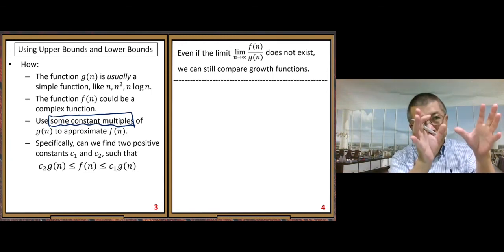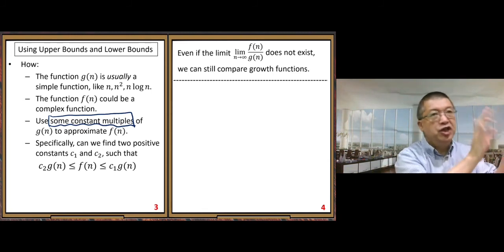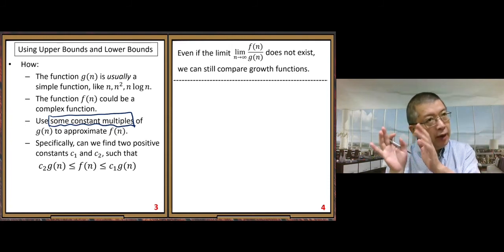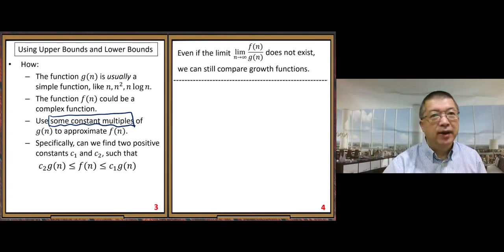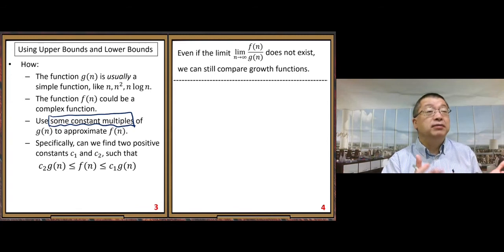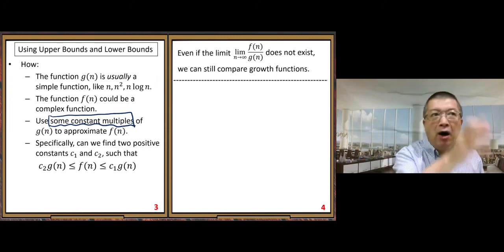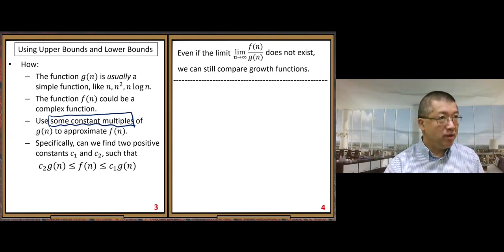So f of n is greater or equal to C2 multiple of g of n, and less than or equal to C1 multiple of g of n. In that way, we have an idea on f of n. That is the non-limit based method we mentioned before.